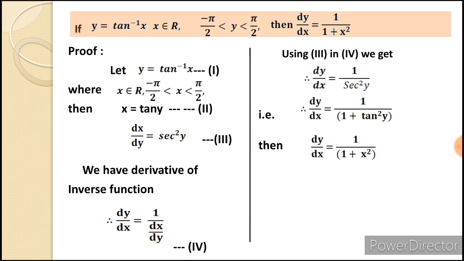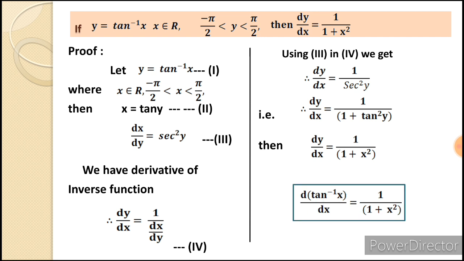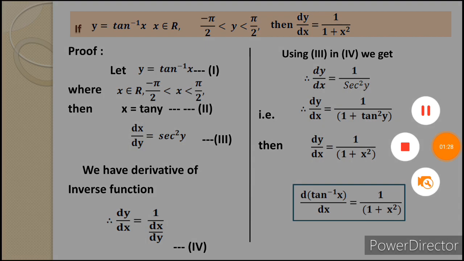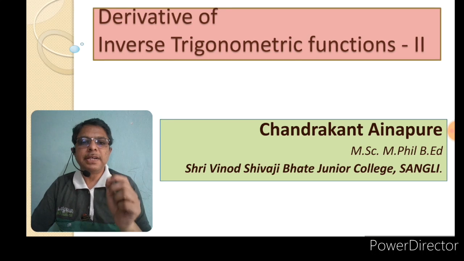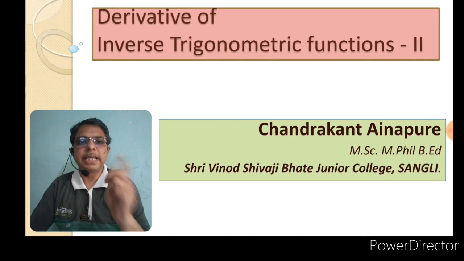And so we got the answer in form of x now. Thus we are getting dy by dx of tan inverse x is equal to 1 upon 1 plus x square. So this is the formula for the derivative of tan inverse x.